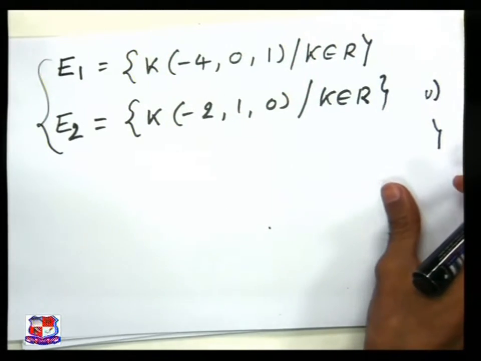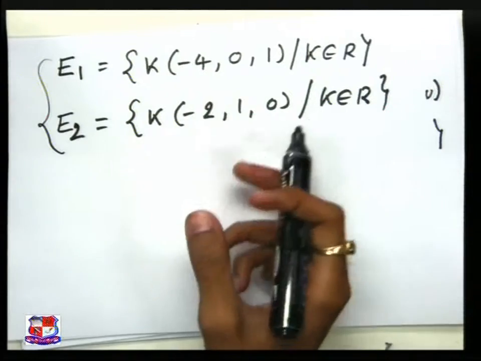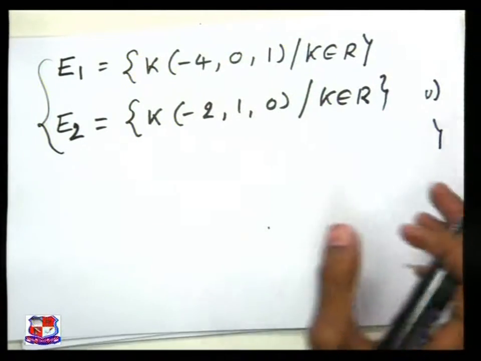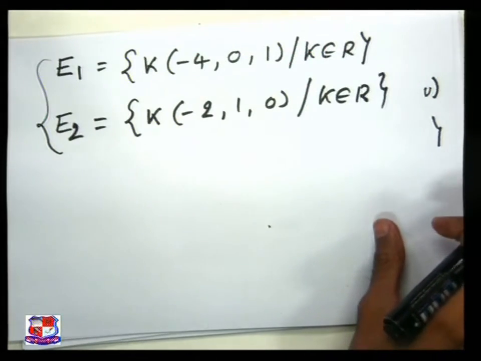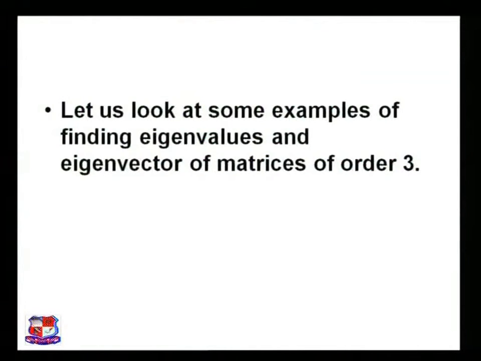You can find them in the same way as we found the first eigenvalue's eigenvector, for the second one and for the third one. So this is the end of this example. In this way we can find the eigenvalues and eigenvectors of 3 by 3 matrices. These are some examples of finding eigenvalues and eigenvectors.